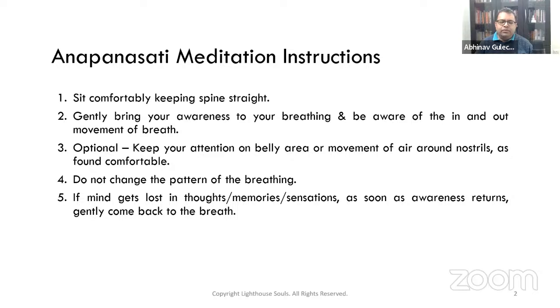Keep coming back to the breathing. Complete awareness on the breathing.